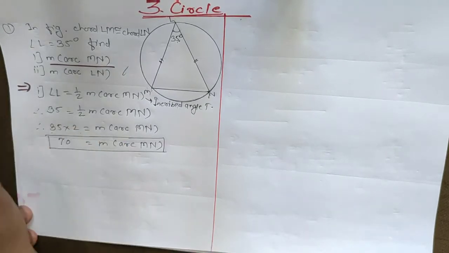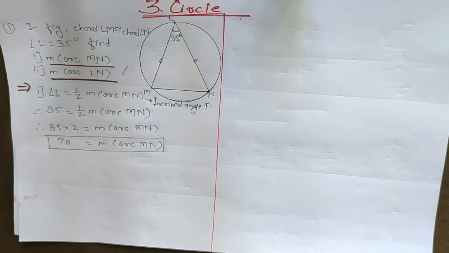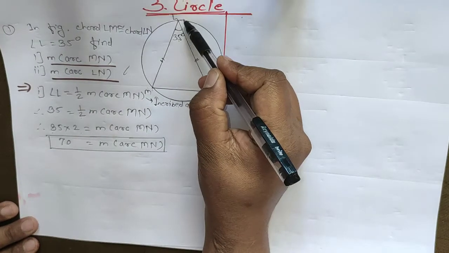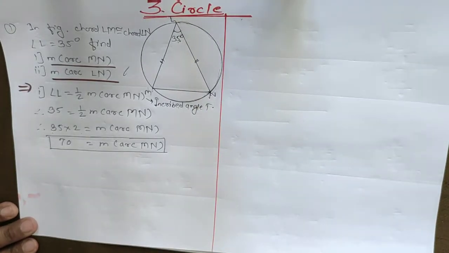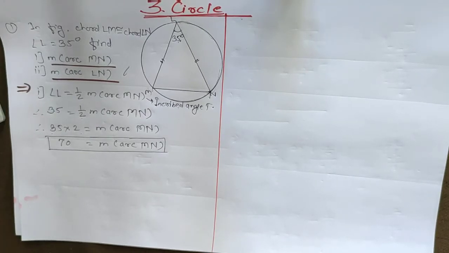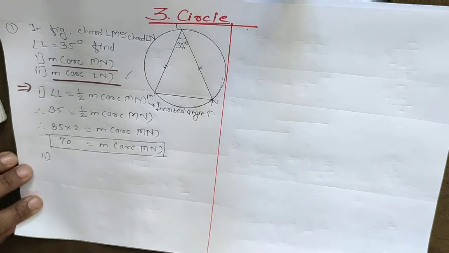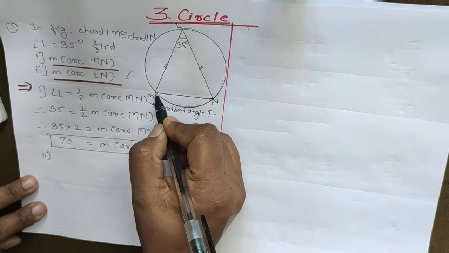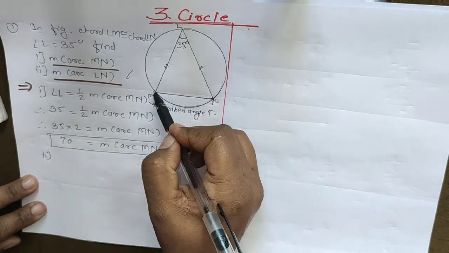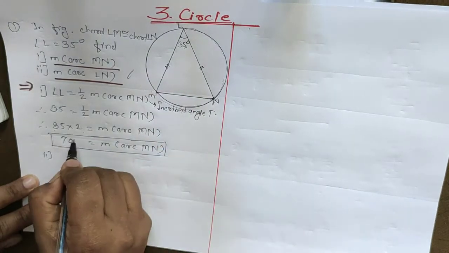Now we have to find out the measure of arc LN. Where is LN? This part from here to here. This part of the circle is called arc LN. Now to find the measure of arc LN, first of all, this is the second step. The measure of arc MLN is equal to 360 minus the measure of arc MN, and MN's measure is 70.